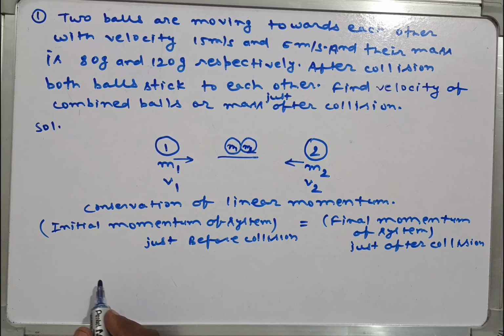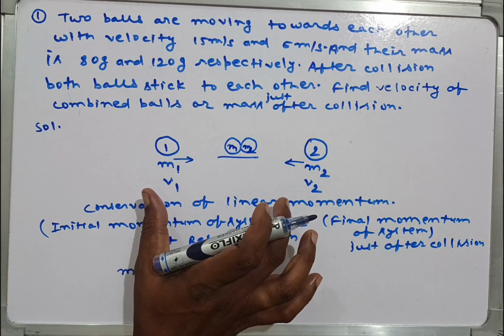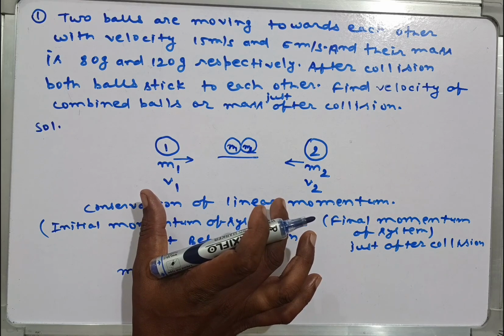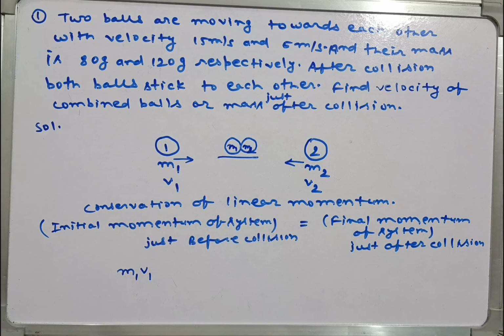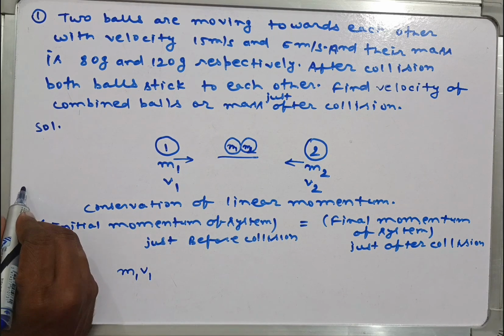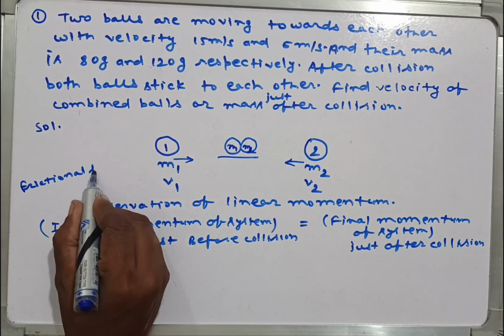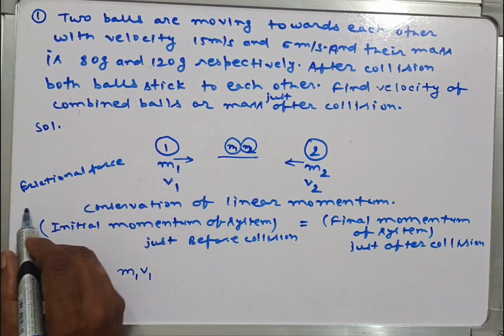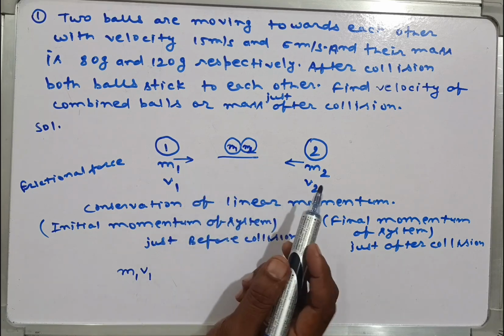So what is the initial momentum of the system if we consider these two balls as making an isolated system? We ignore the frictional force acting on the masses m1 and m2.